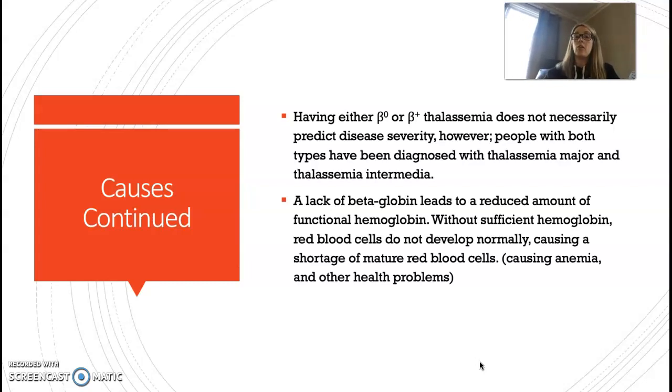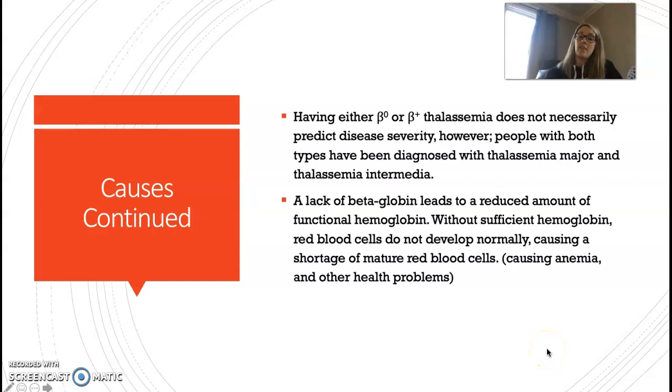Say you have beta thalassemia major, there's still a line of severity. You can be mild, moderate, or severe, but that beta with the plus symbol isn't going to tell you what version it is. It's just going to tell you that it's beta major.